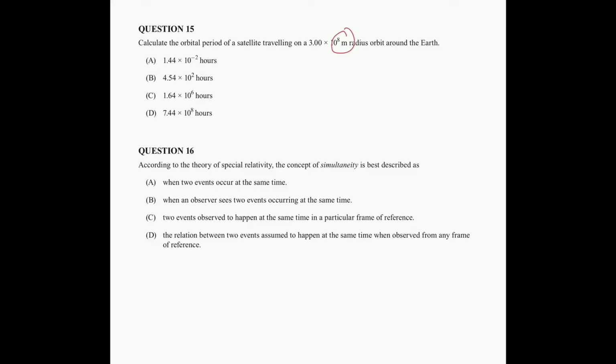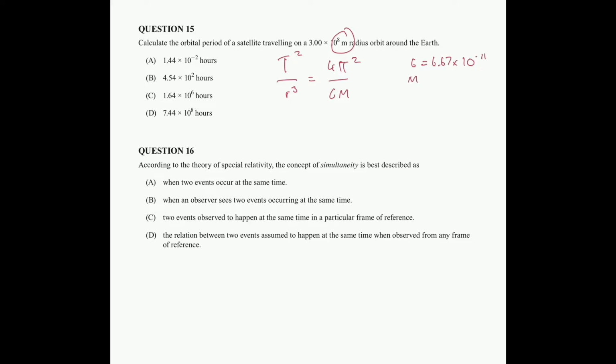So the formula I would be looking for is something that will give me the period of an orbit, the mass of the planet I'm orbiting, as well as the radius. That's the kind of information I've got that I can put into the formula. So the formula we end up grabbing is T squared over R cubed is equal to 4 pi squared over GM. G is our constant here at 6.67 times 10 to the negative 11.